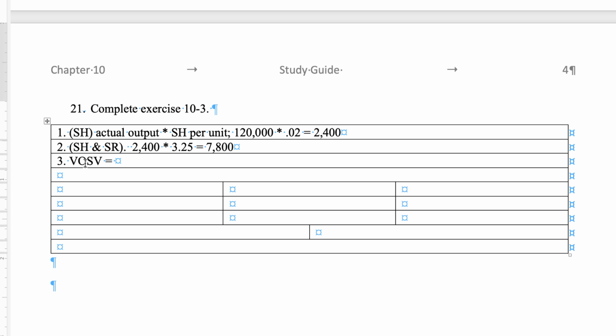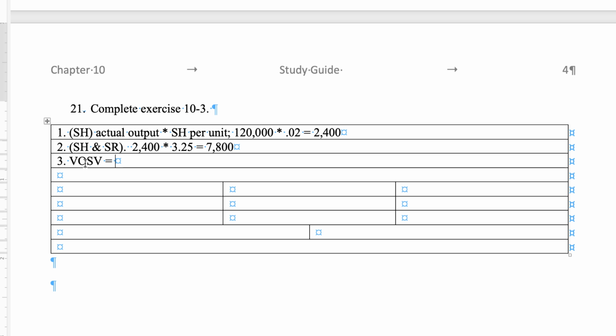It's just like what we did in the flex budget, right? The flex budget says, hey, you're favorable or unfavorable, a total of X amount. Okay, well, X amount is made up of the rate variance and the efficiency variance, or the price variance or the quantity variance.